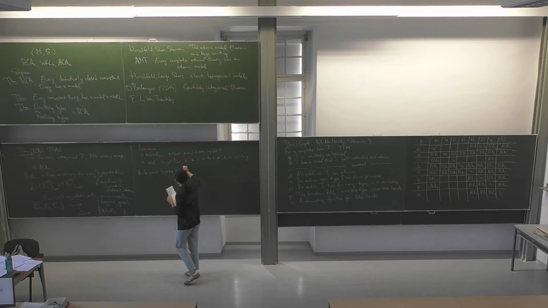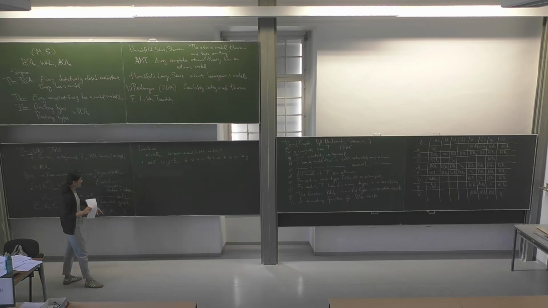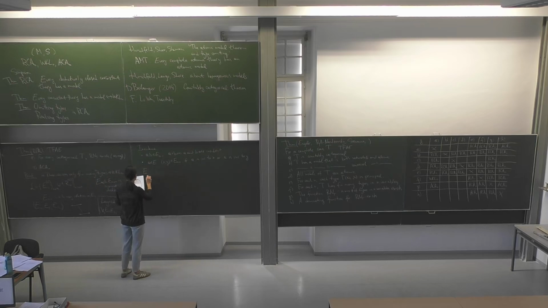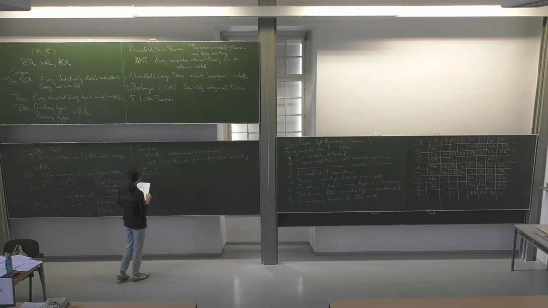I need another definition here before I can do this. Notation: suppose we have a graph like this, then by n-dot we denote the subset of E_n that only consists of such tuples that have all distinct elements.